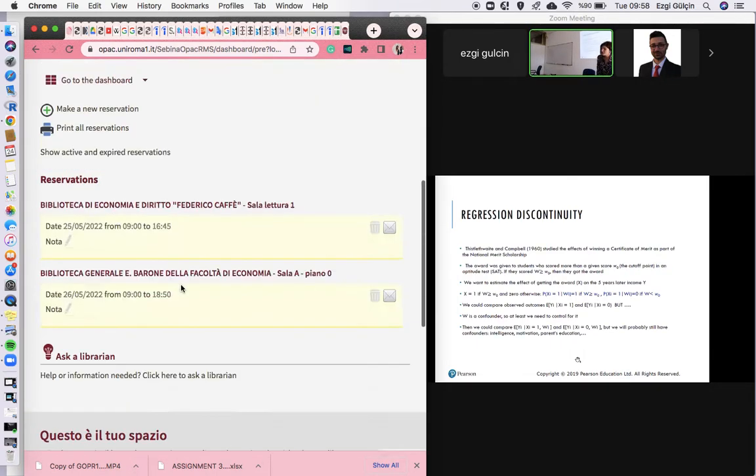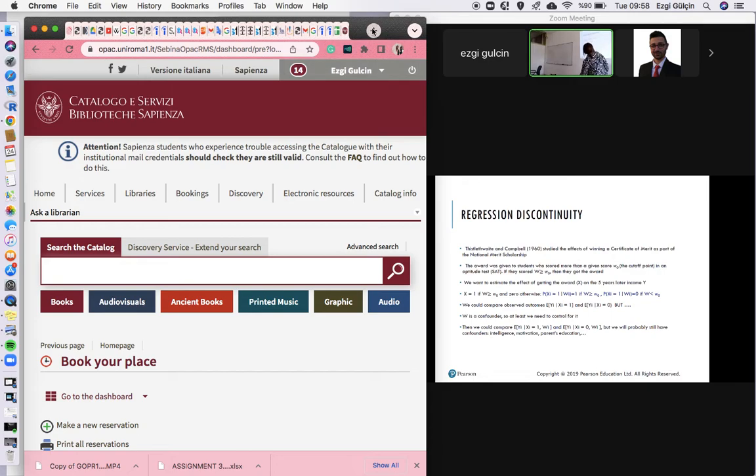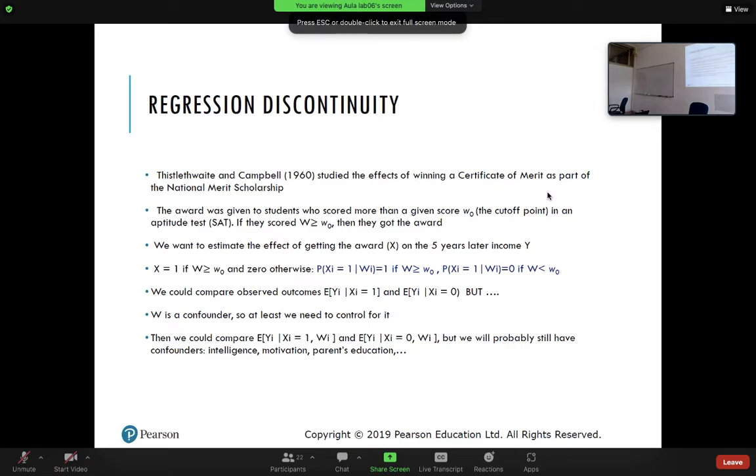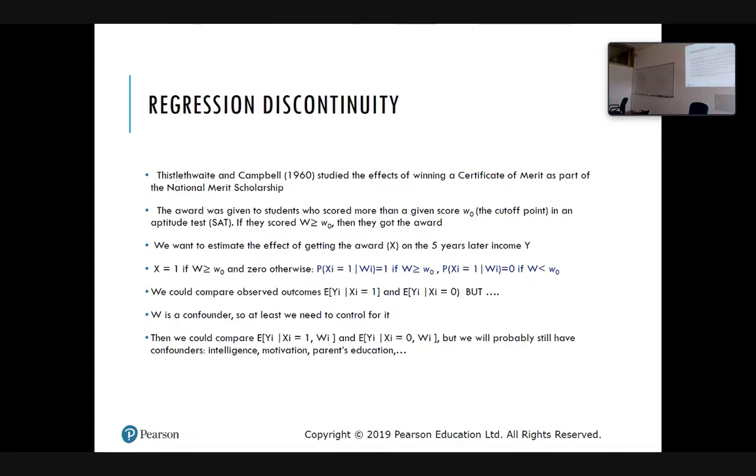So let's use another example. This weird name, Thistlethwaite and Campbell, in 1960, studied the effect of winning a certificate of merit as part of the National Merit Scholarship. The award was given to students who scored more than a given score.